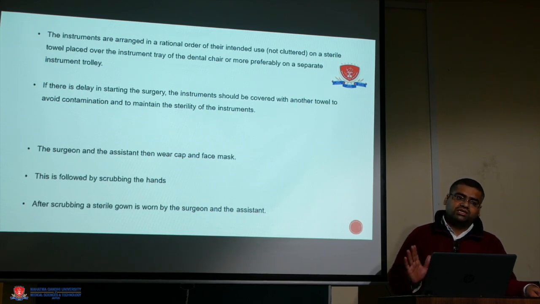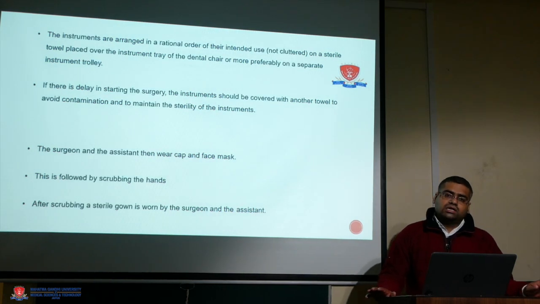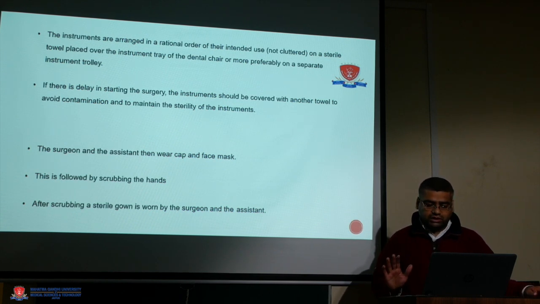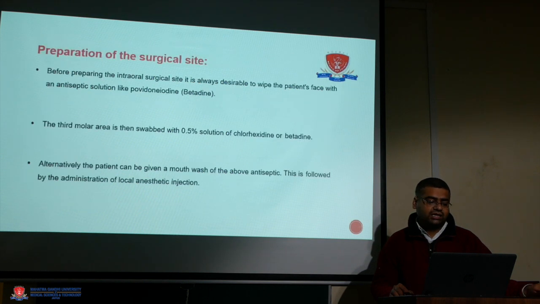All instruments should be sterilized. The operator should maintain sterilization: gown, head cap, mask, scrubbing of hands, and all the sterilization protocol should be maintained because it's a minor surgical procedure. An assistant is also required, and the assistant should also be wearing a sterile gown.